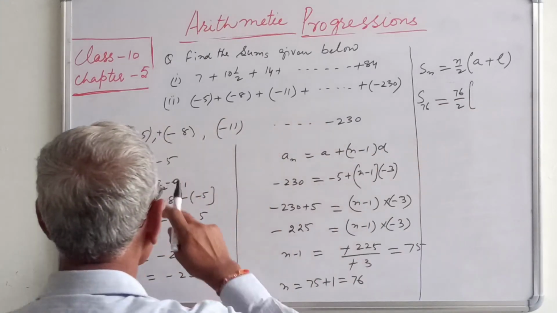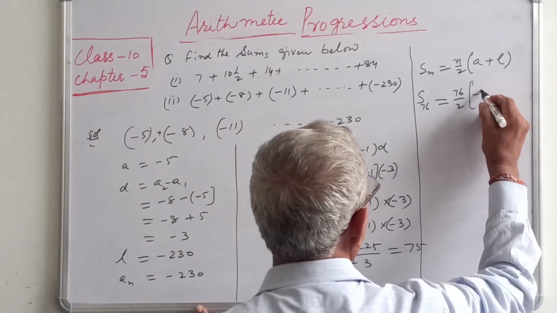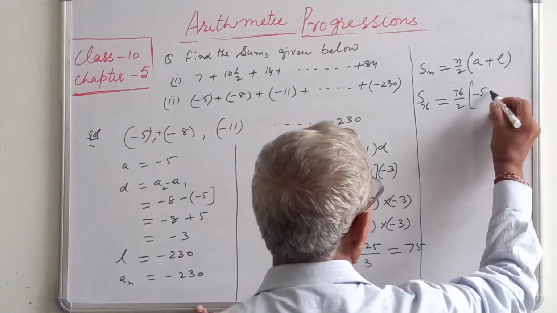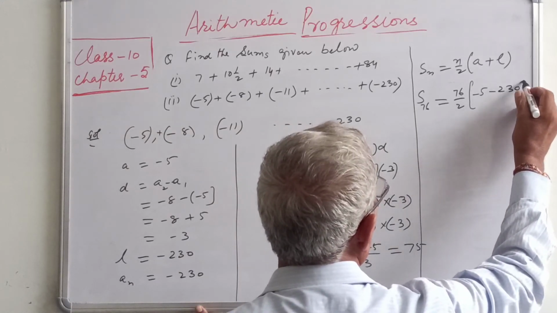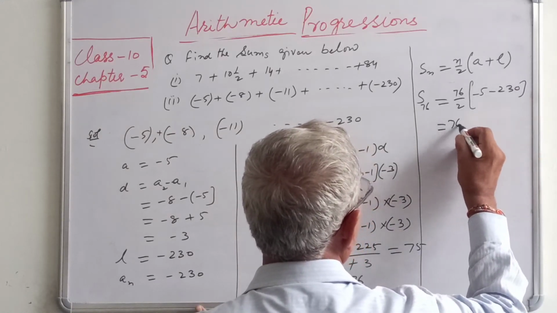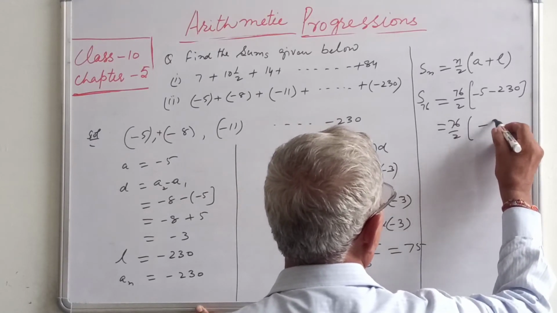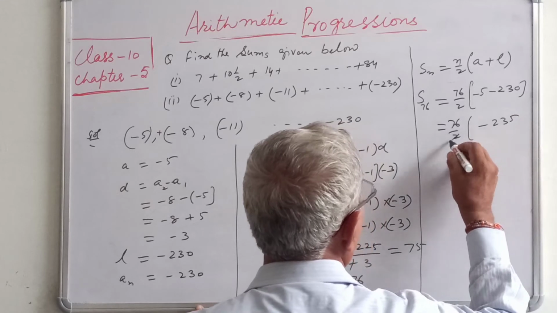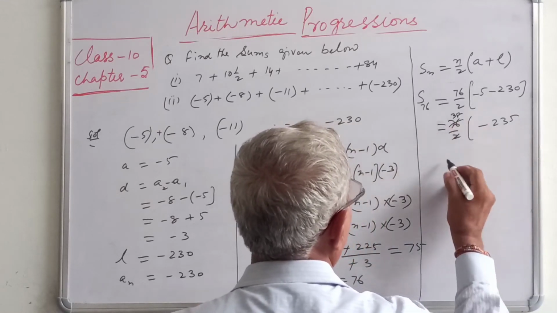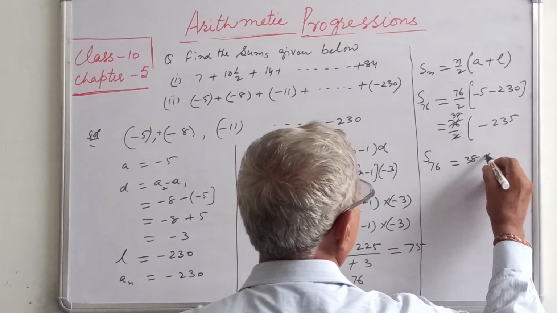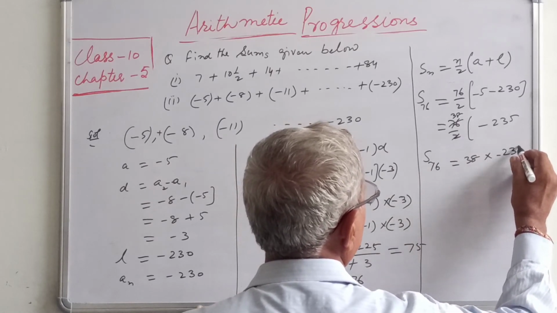So A here is minus 5 and L is minus 230. So 76 upon 2, so multiply minus 235. So S76 will be 38 multiplied by 235.